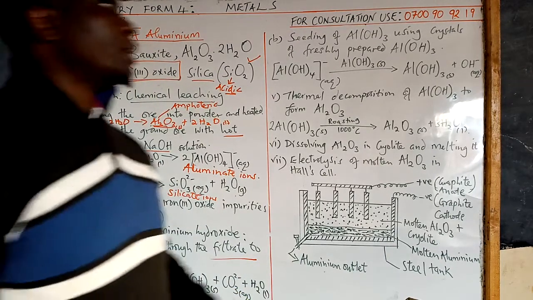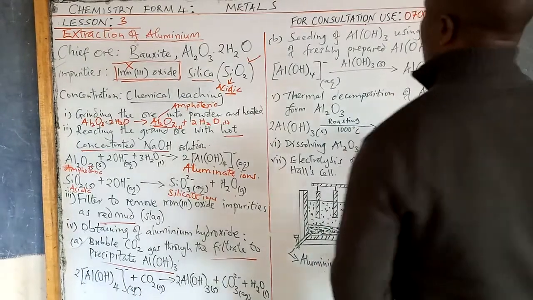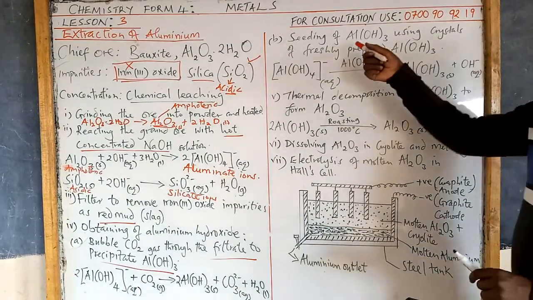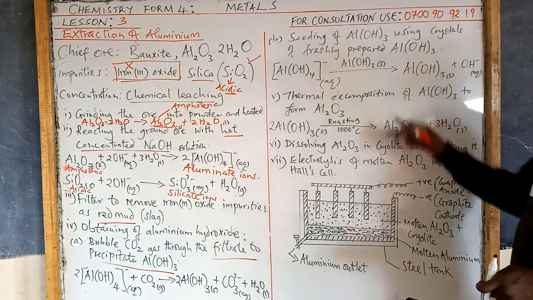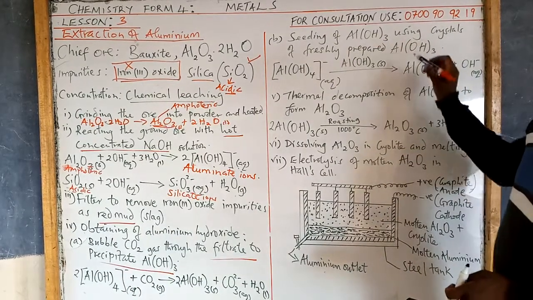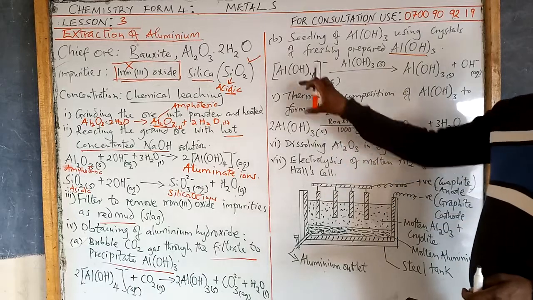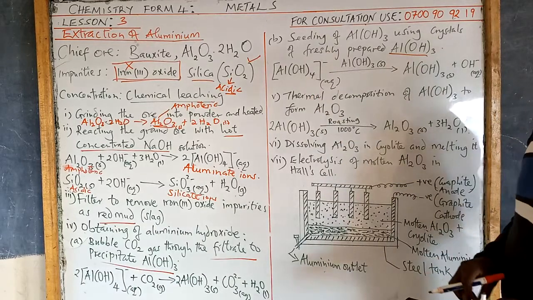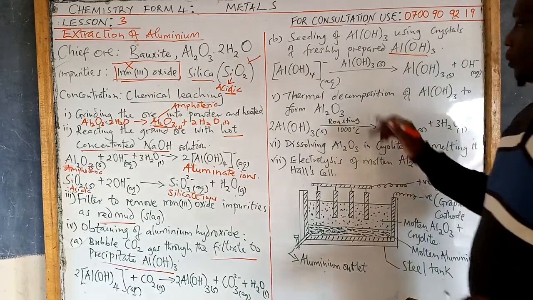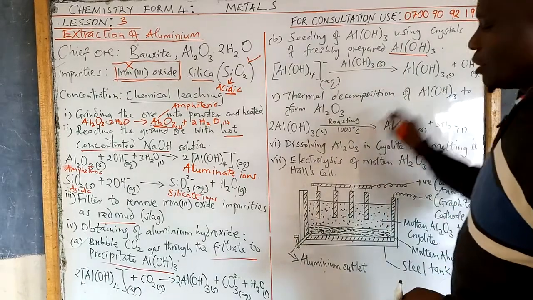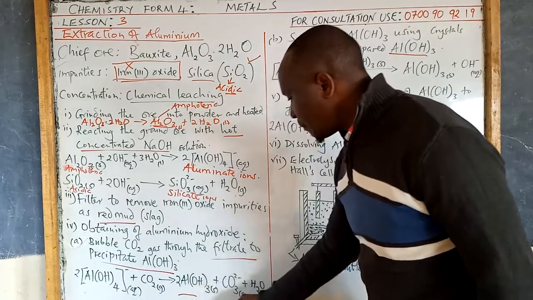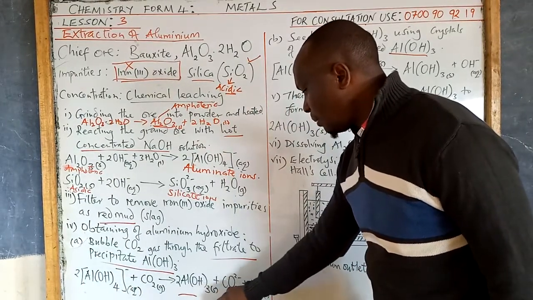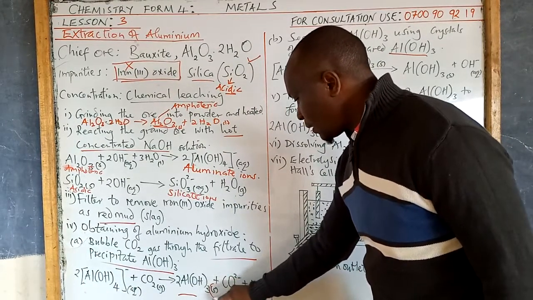Or the other option is the seeding process, and seeding is done by adding crystals of freshly prepared aluminium hydroxide in the aluminate solution, that filtrate. So this comes out as precipitate. So in either of the methods, you will have aluminium separated as aluminium hydroxide, which is solid.